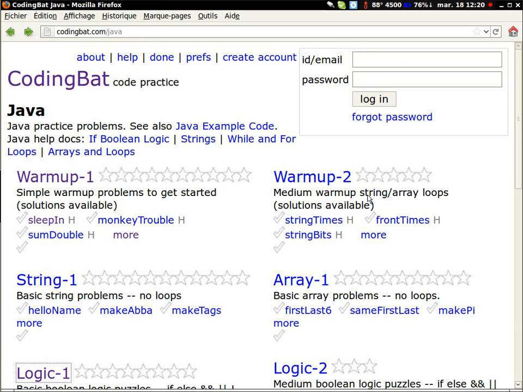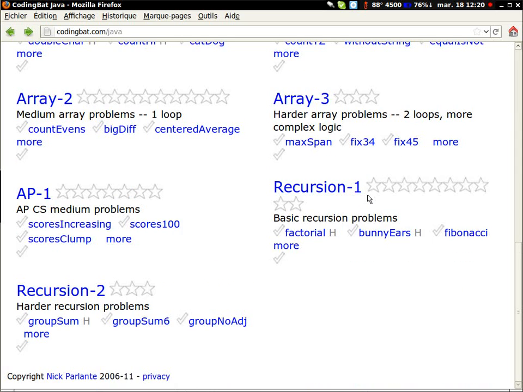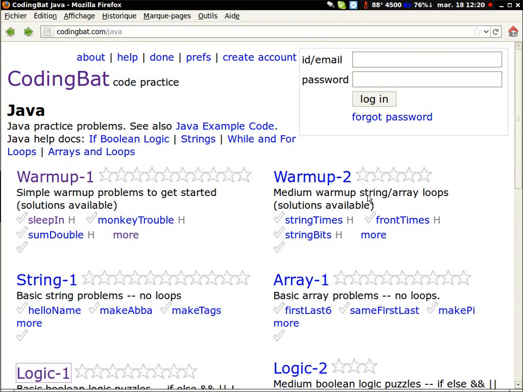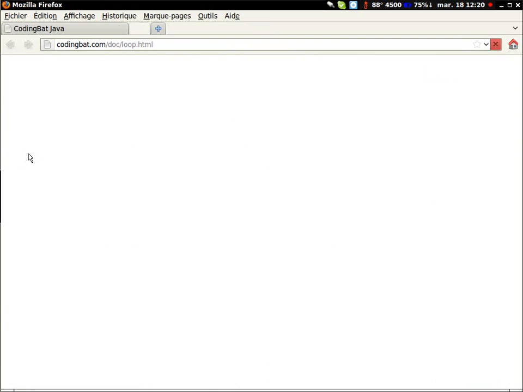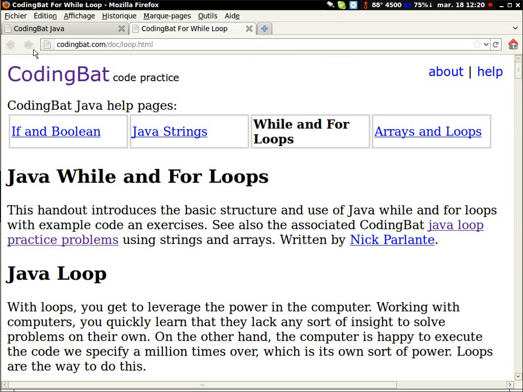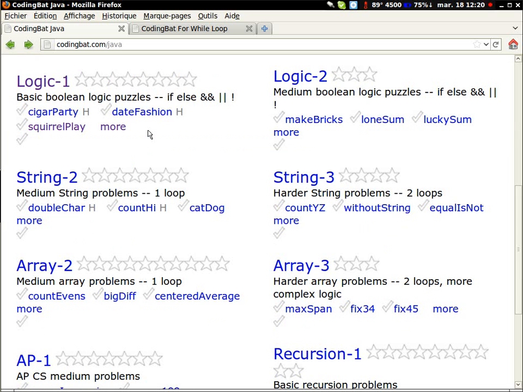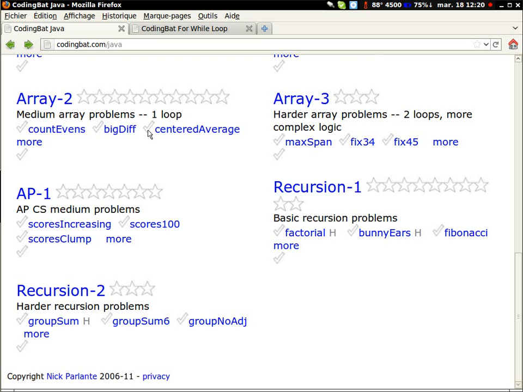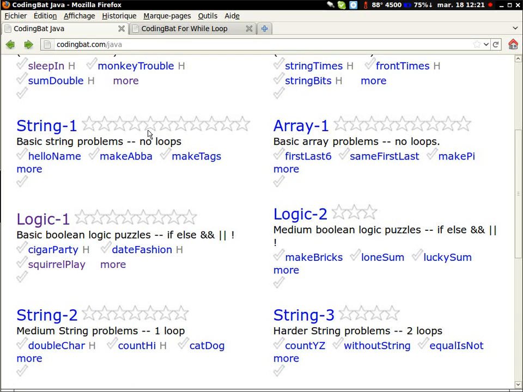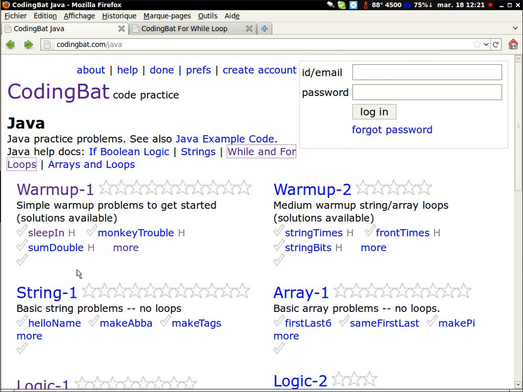And pretty soon you want to get into the loops problems, which are nicer. Loops. Yeah, where are loops? Yeah, I can't find the darn things now. Somewhere there are loops problems. Maybe they're with strings.